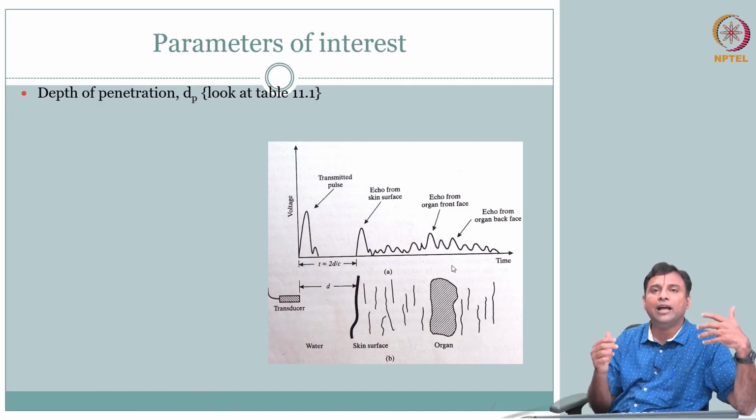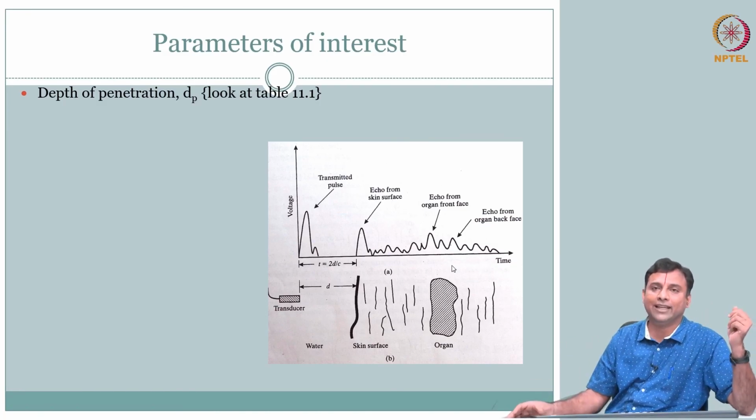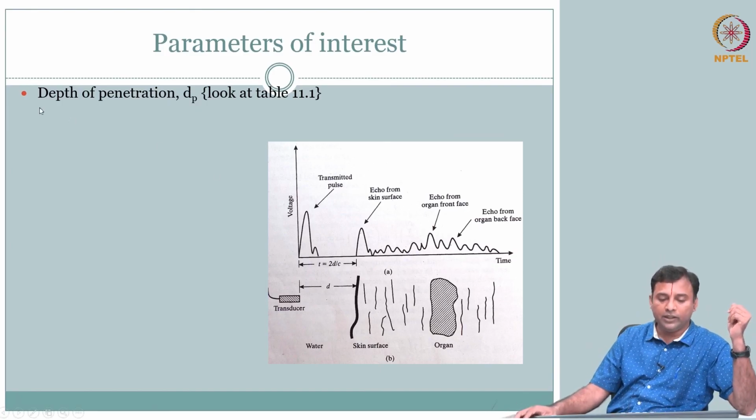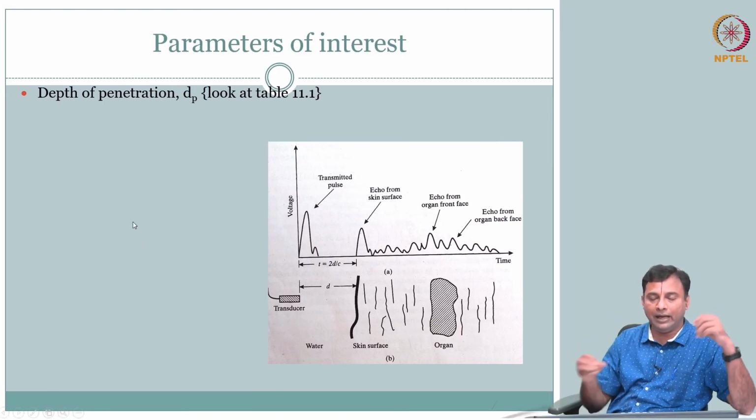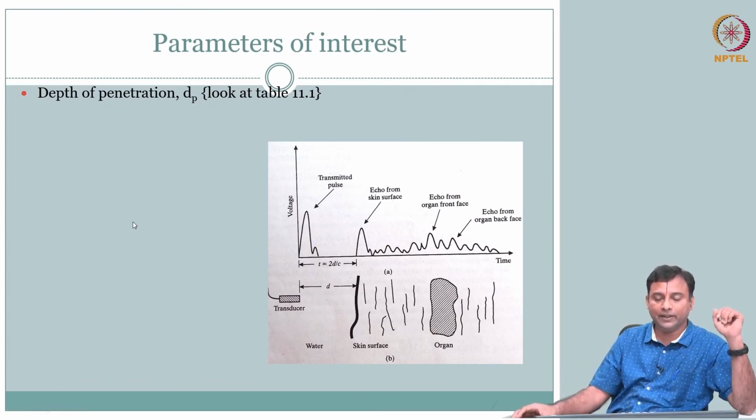You are not able to amplify the signal preferentially, so you will just amplify noise as well. So what is called depth of penetration is the threshold that you set beyond which you cannot separate the real echo from a random artifact, a random background noise.